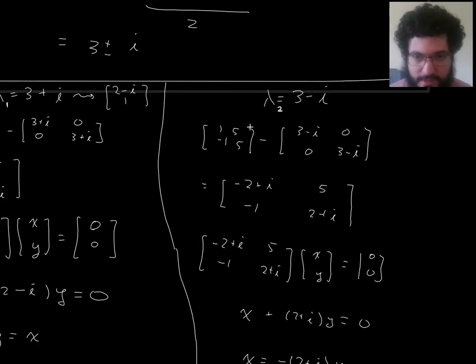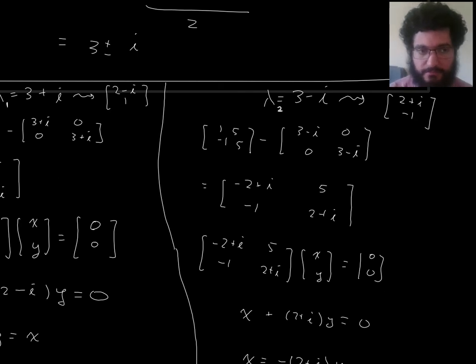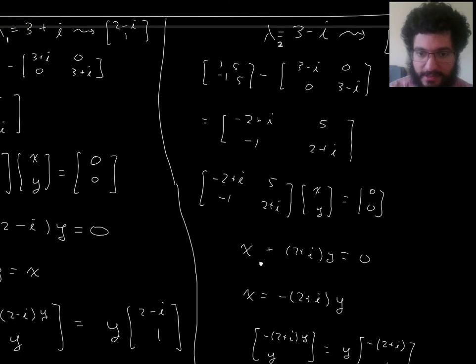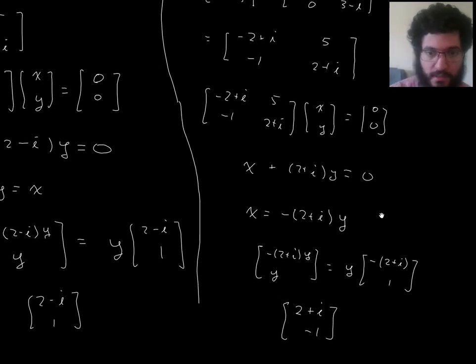Okay, now let me write my summary result here. So from this eigenvalue, I got the eigenvector (2 plus i, minus 1). I think I made a mistake here, actually. Yes. Looks like I missed the minus sign here.